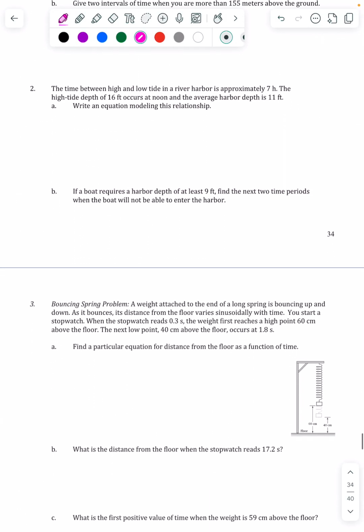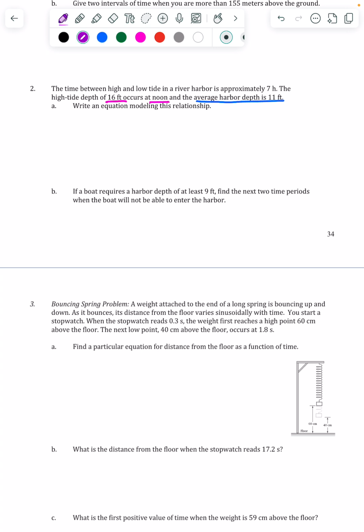Number 2 says the time between high and low tide in a river harbor is approximately 7 hours. Then it says the high tide's depth is 16 feet, occurs at noon, and the average harbor depth is 11 feet. Write an equation modeling this relationship. So let's try to understand what these words mean.